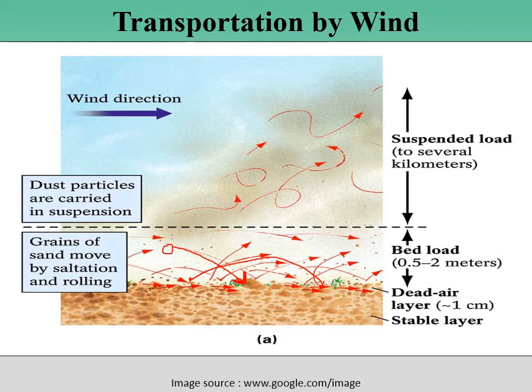Now when this jumping sedimentary grain comes into contact with the earth's surface, if it hits another grain, then although that particular grain is in a static condition, due to the impact of this grain, it will move a few inches, a very minute distance, in the forward, downwind direction.